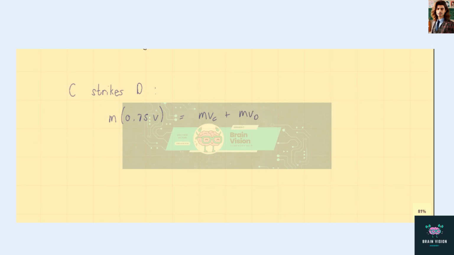So these are the velocities after this collision. Essentially we have an equation here with a few unknowns. And if we divide both sides by m like we did before, we get 0.75 v is equal to vc plus vd.